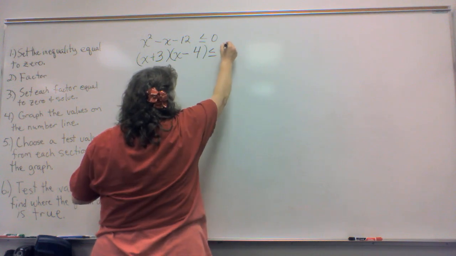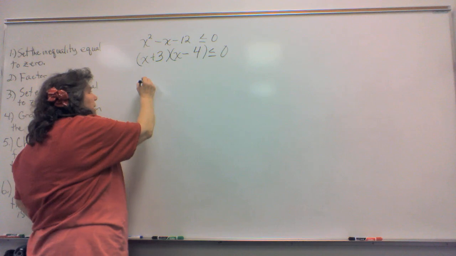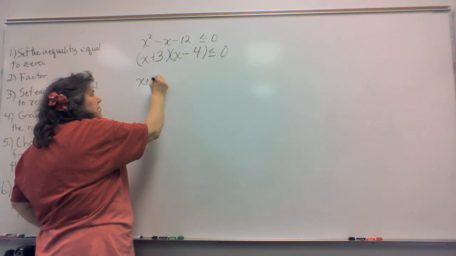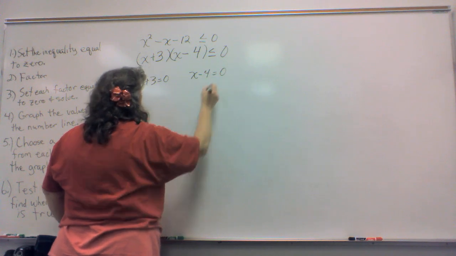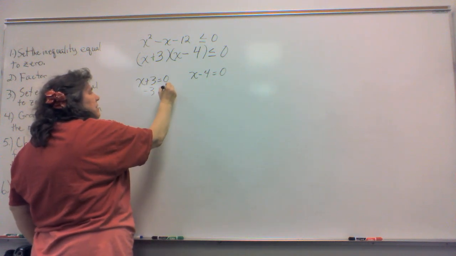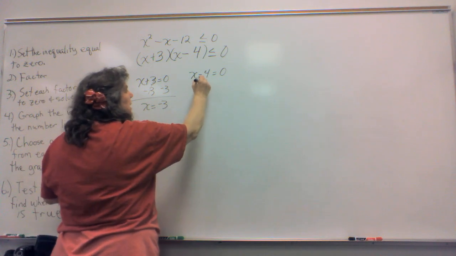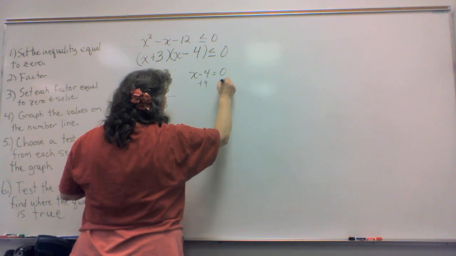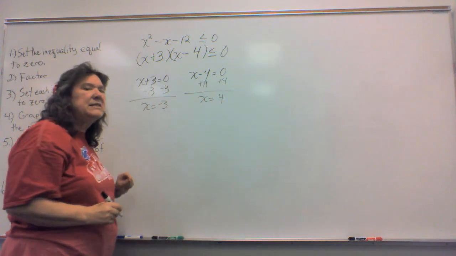Okay? Now, from this point, we're going to drop it to an equation. x plus 3 is equal to 0, and x minus 4 is equal to 0. Minus 3 here gives us x is equal to a negative 3, and plus 4 here is x is equal to 4. What does this mean?